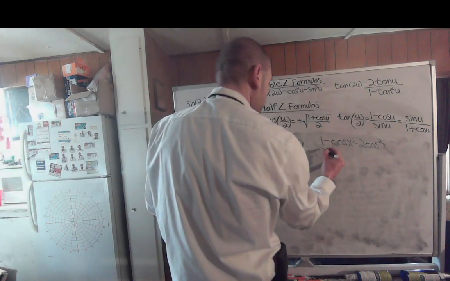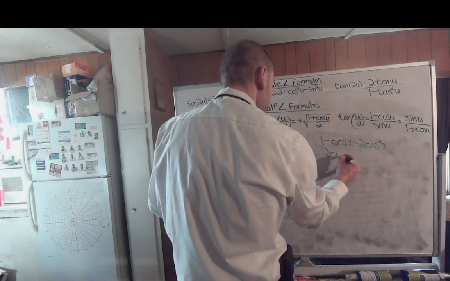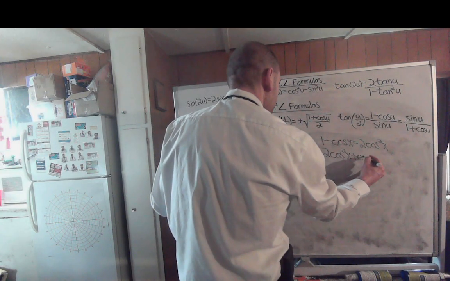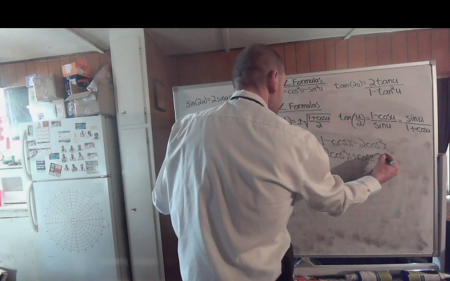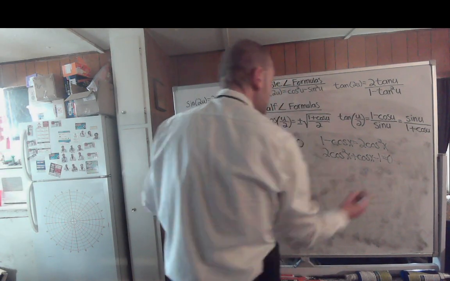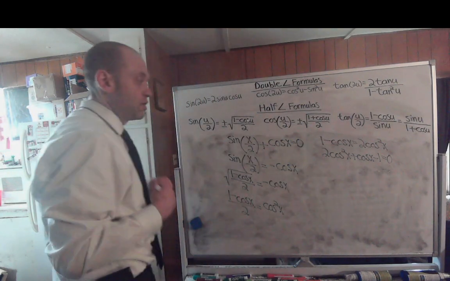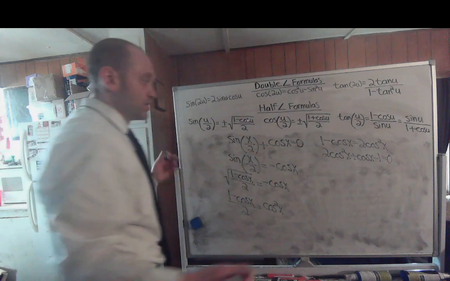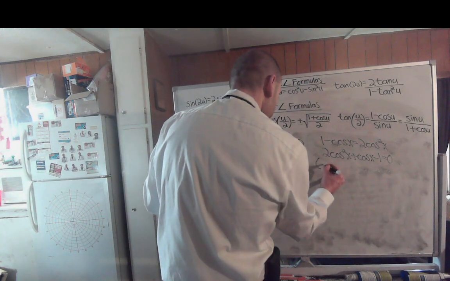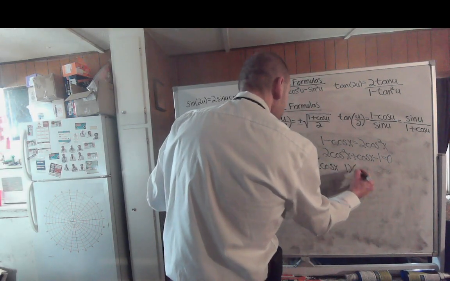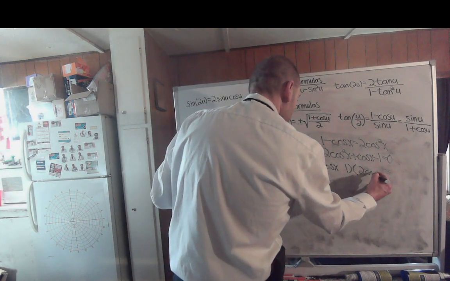And this would simplify into 2 cosine squared of x plus the cosine of x minus 1 equals 0. And now you just have a nice quadratic trig equation. So you can factor this into a form of cosine of x and 1 and 2 cosine of x and 1.